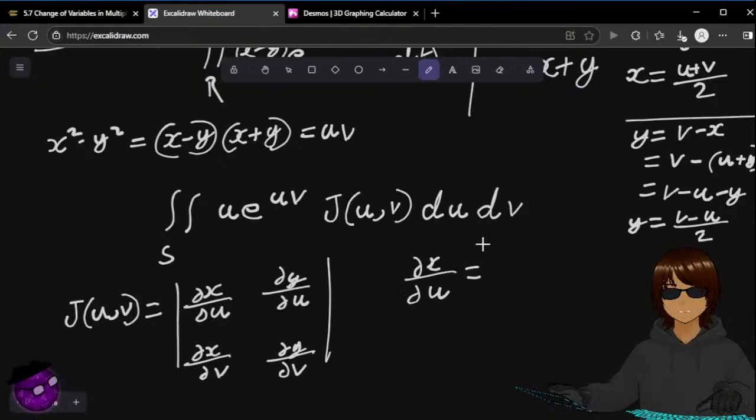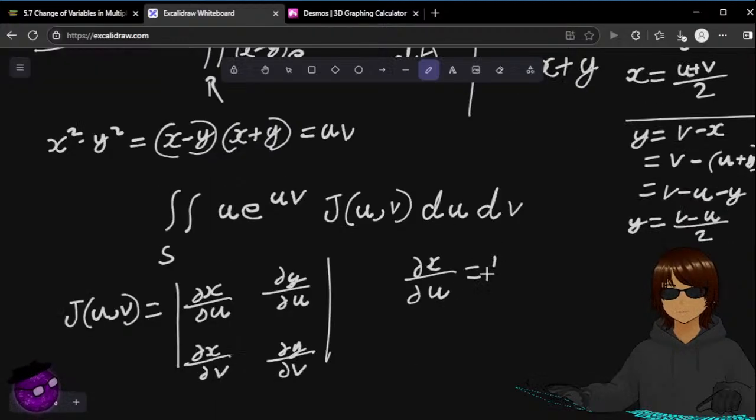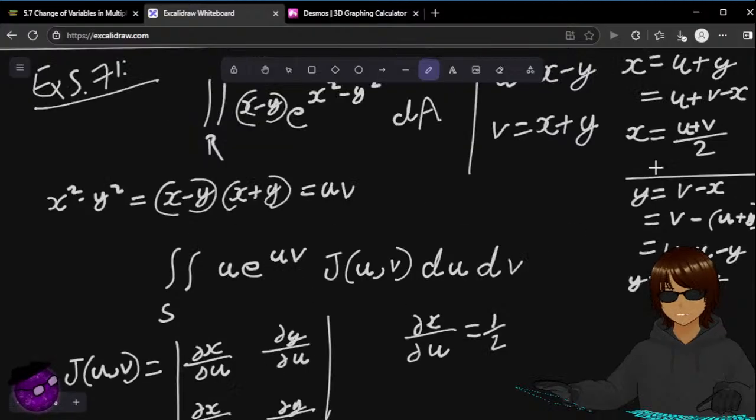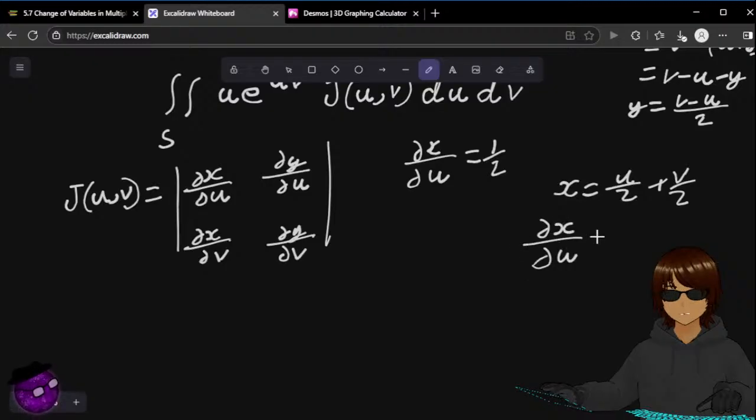So then this integral with respect to u, hold on. Isn't it just half? x is equal to u over 2 plus v over 2. With respect to u, this part is 0. Derivating this part is just half, right?